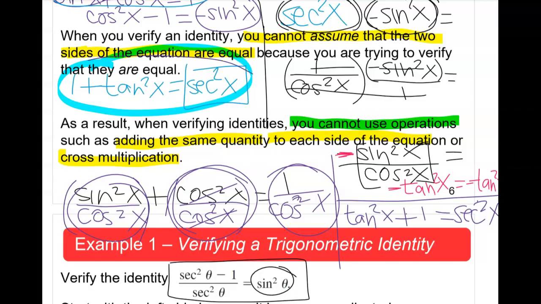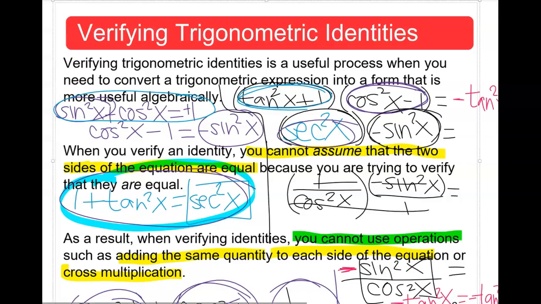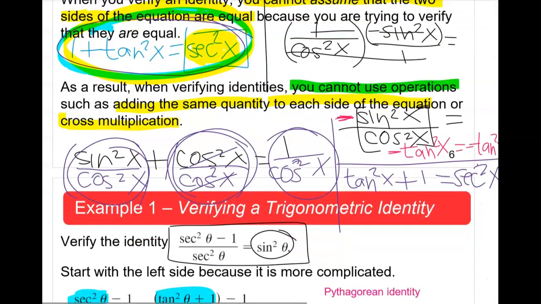And that is the same that we used before to replace tangent square of x with secant square x. It came from here. So just so you know, that one came from the main Pythagorean identity, which is here.